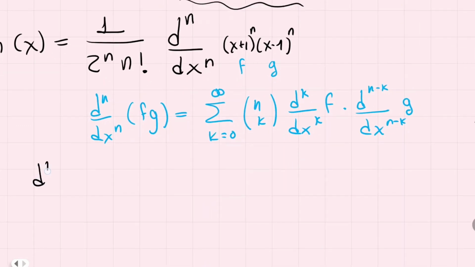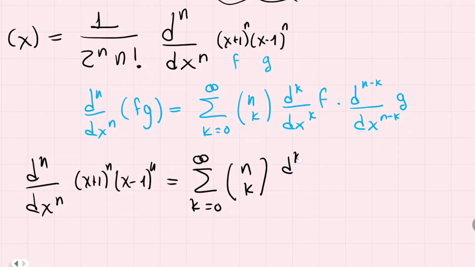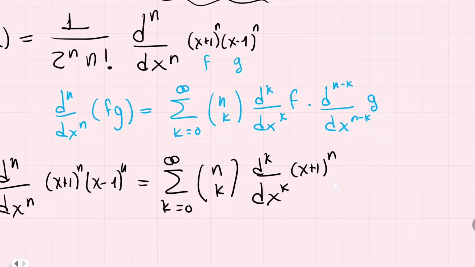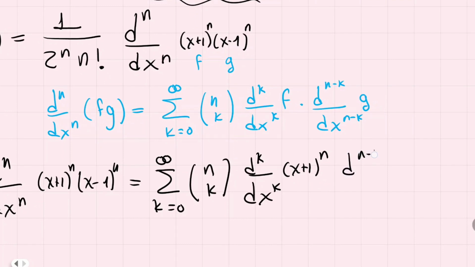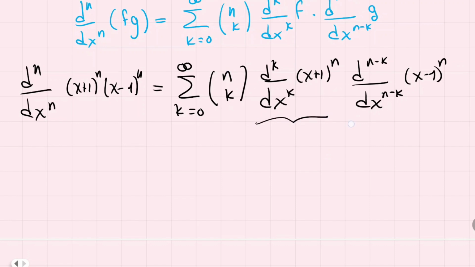So we are going to get that the nth derivative with respect to x of x plus 1 to the n times x minus 1 to the n is going to be the sum from k equals 0 to infinity of n choose k times the kth derivative with respect to x of x plus 1 to the n power, and then the n minus kth derivative with respect to x of x minus 1 to the n power. Okay, so we are going to calculate these two terms that we have here.